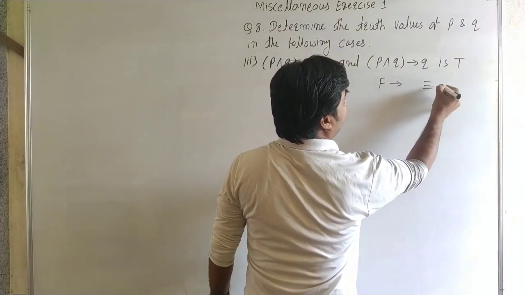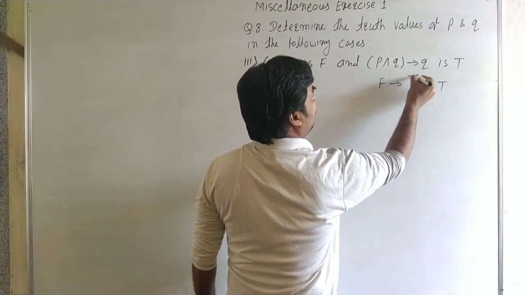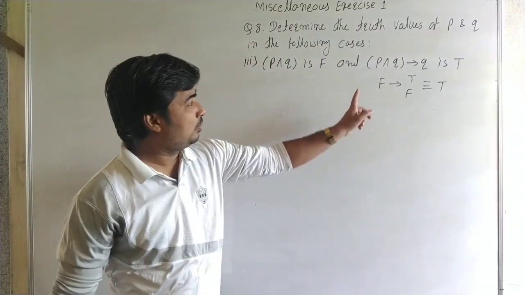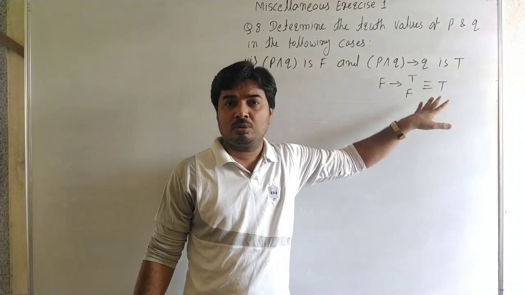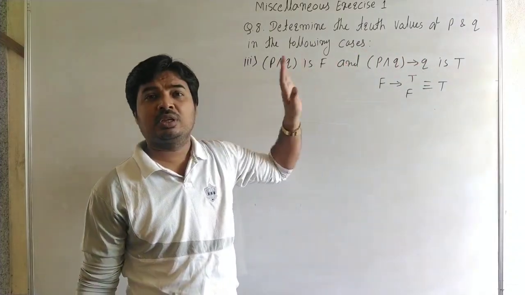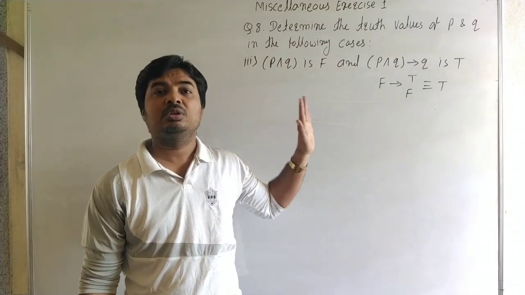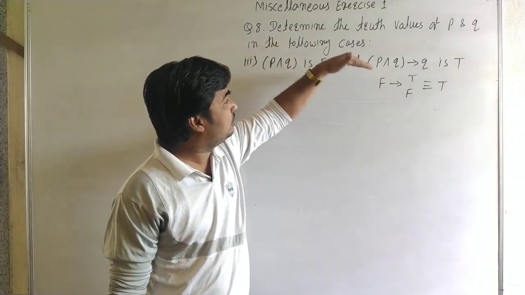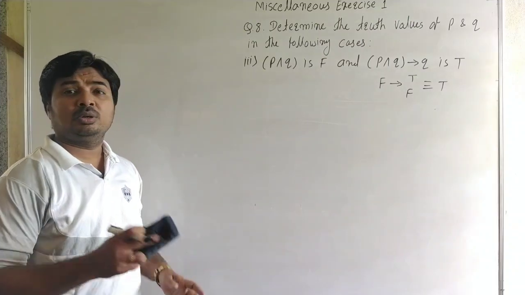But we want the result true, that means Q is true or false. In both cases it is true: false implies true is true, false implies false is also true. That means from these two conditions we cannot say directly the truth value of P and Q.